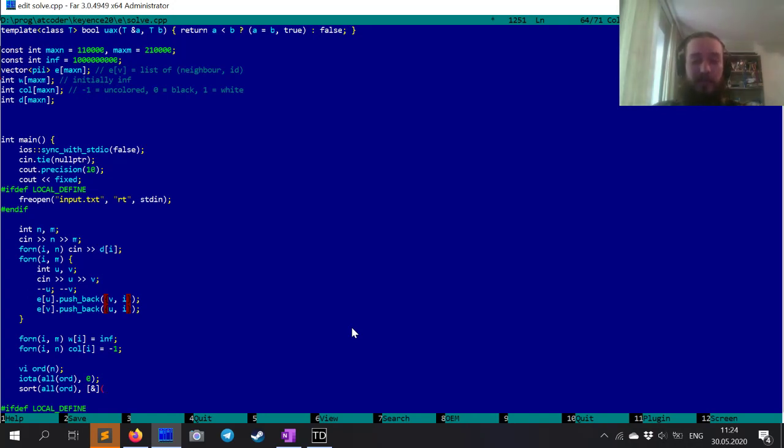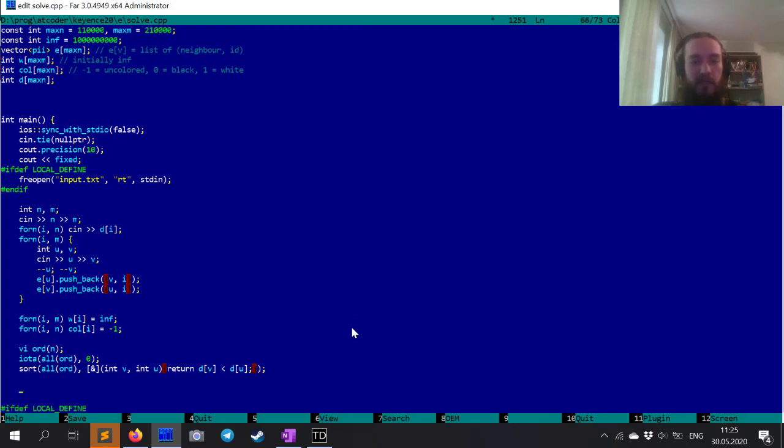I use this a lot, and if you're not familiar with it, maybe you can use something else, but this is kind of short and convenient, so I'm using this. Okay, so this is the custom comparison, and V comes before U if D is smaller. Okay, so now this vector, the order, contains all the vertices in the order we want to process them.